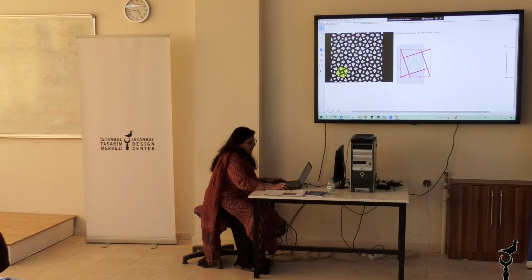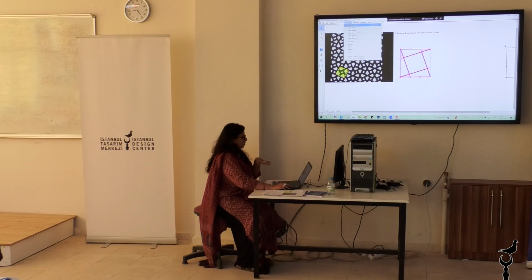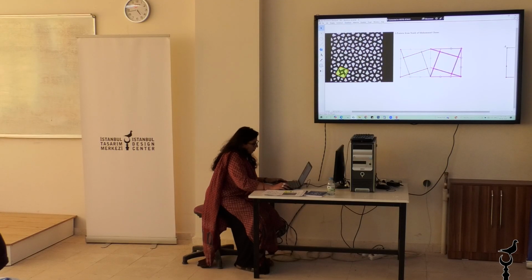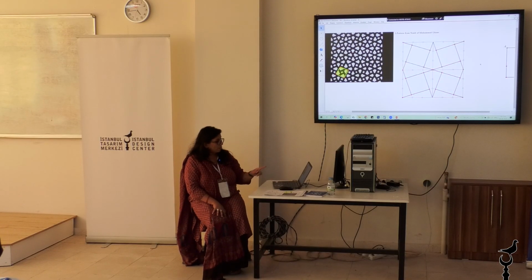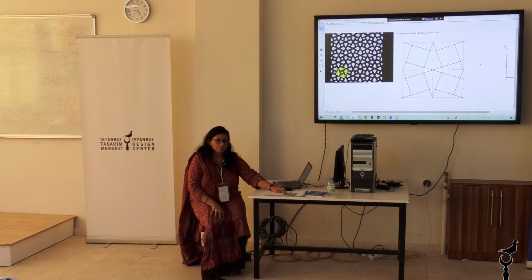So you would then take this and mirror it on the bigger square. Reflect. And you will get this pattern. It's exactly like this.